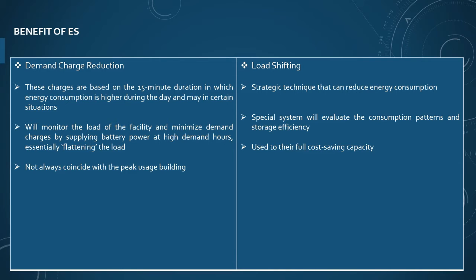This demand charge reduction does not always coincide with the peak usage of the building. Lastly is load shifting. It is a strategic technique that can reduce power consumption. In this case, a special system will evaluate the consumption pattern and storage efficiency to use their full cost-saving capacity.